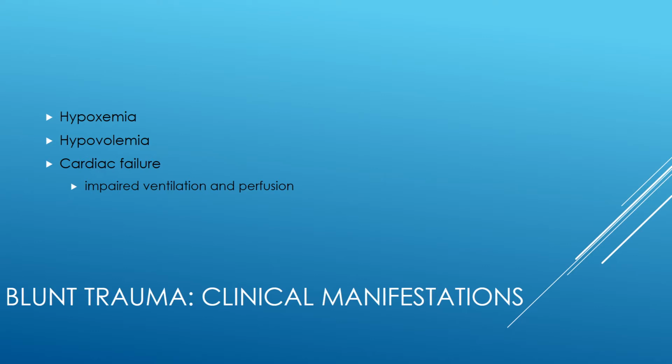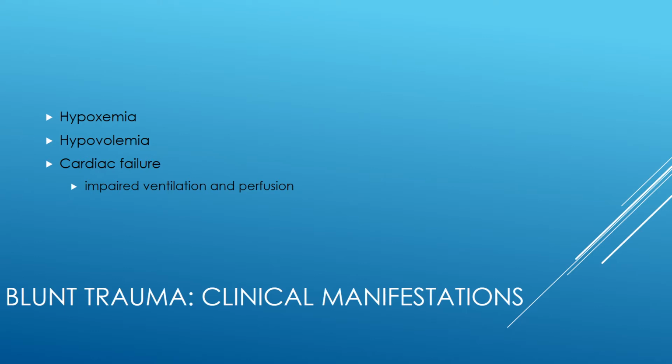Just talking about hypovolemia for a minute, what would make you suspect that someone were bleeding? What's one of the first clinical manifestations you see in someone who is exsanguinating or hemorrhaging? It's tachycardia. A lot of times when people are bleeding profusely, they become very tachycardic, and that's oftentimes one of the first signs.